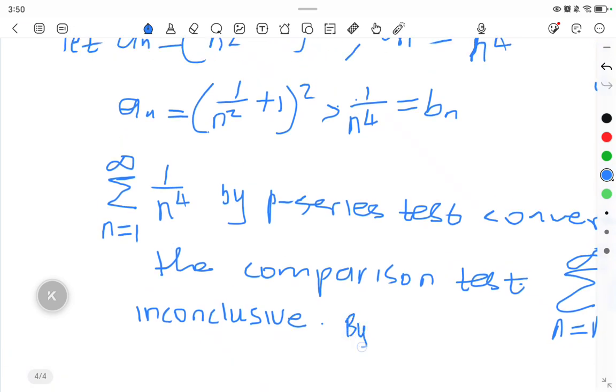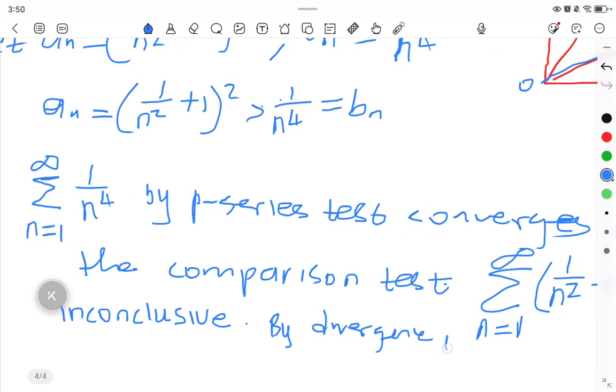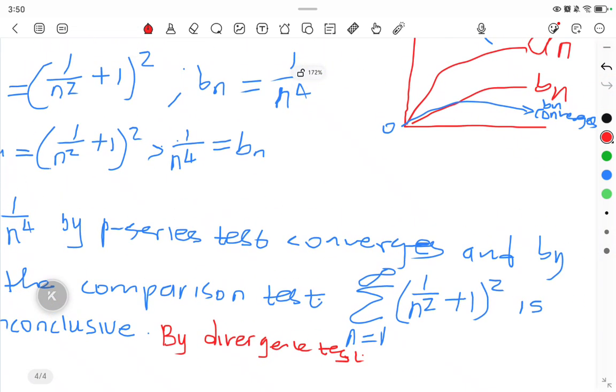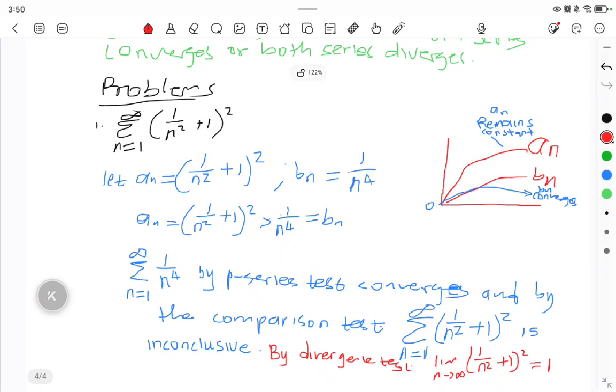Then I say that by the divergence test, you see that this equals 1, which is not equal to 0.